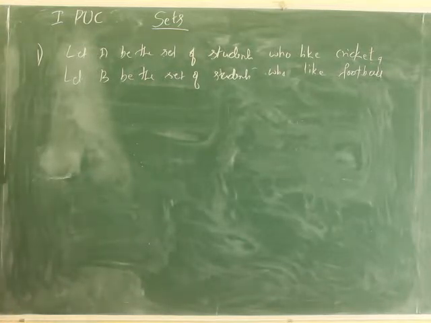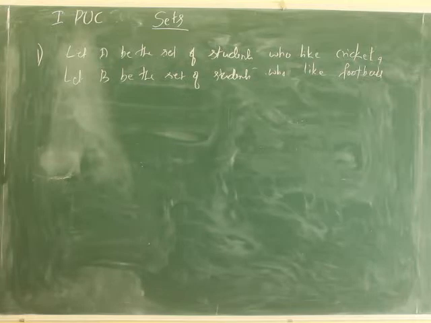After that, what value is given? In a class of 35 students, out of that 35, 24 like cricket and 16 like football. That 35 is the number of students. They either like cricket or like football or like both.